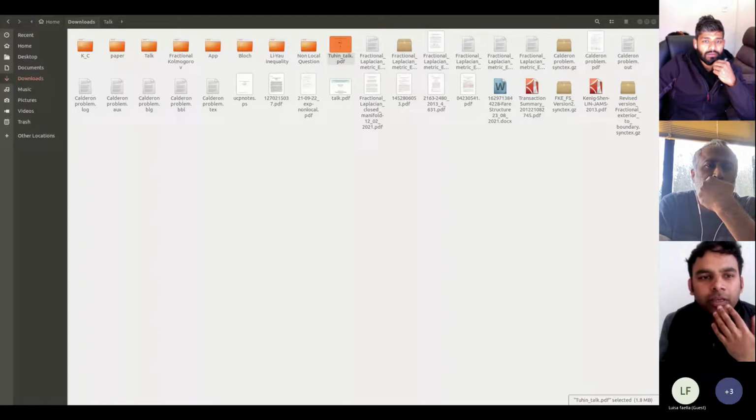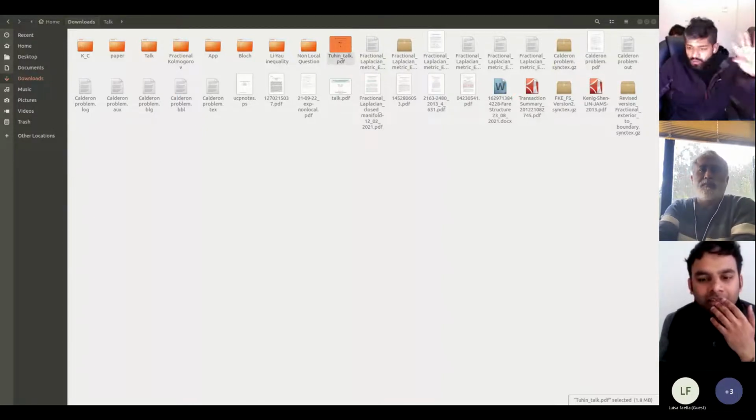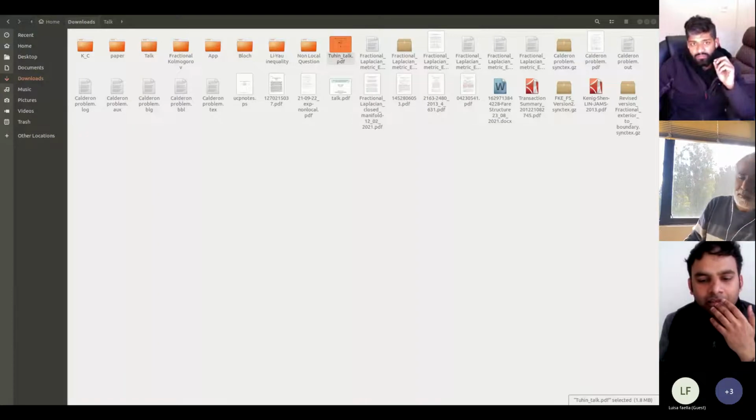Stop sharing and then share only the PDF. Do you have a symbol of an arrow below in the box?